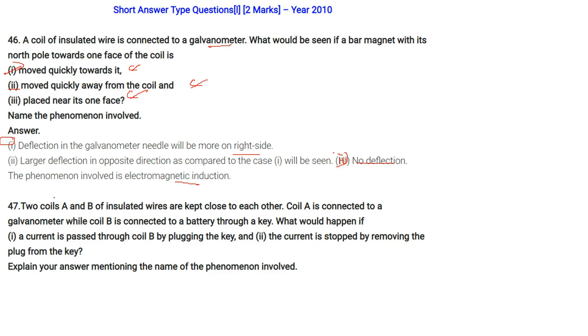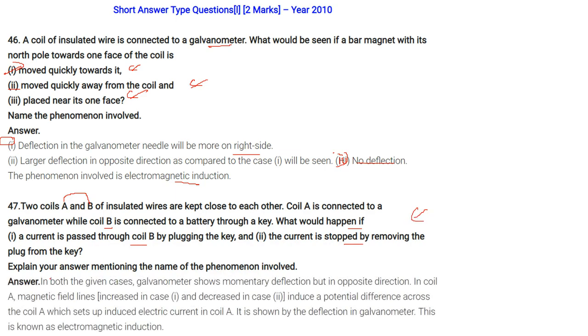Two coils A and B of insulated wire are kept close to each other. Coil A is connected with a galvanometer while coil B is connected to a battery through a key. What would happen if a current is passed through coil B by plugging the key, and if the current is stopped by removing the plug from the key? Explain your answer, mentioning the name of the phenomenon involved. In both cases, the galvanometer will show a momentary deflection but in opposite directions.